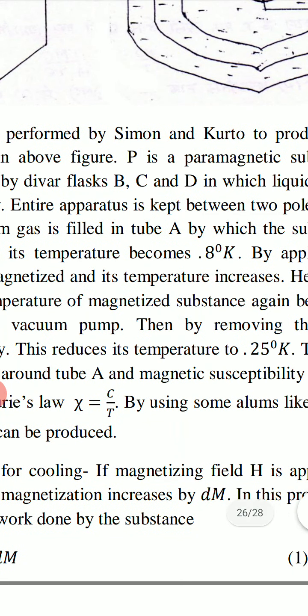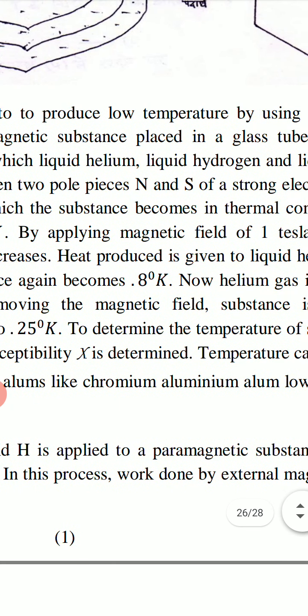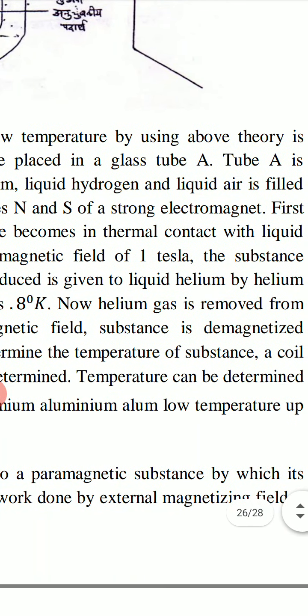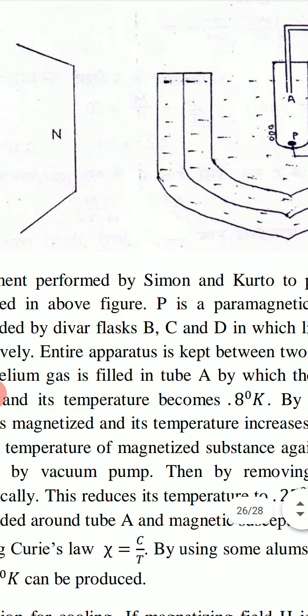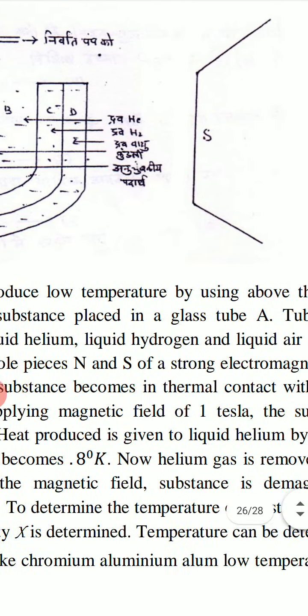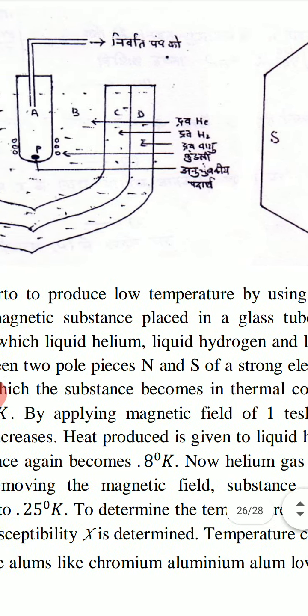The entire apparatus is kept between two pole pieces N and S of a strong electromagnet. These are the two pole pieces, North Pole N and South Pole S of a strong electromagnet.